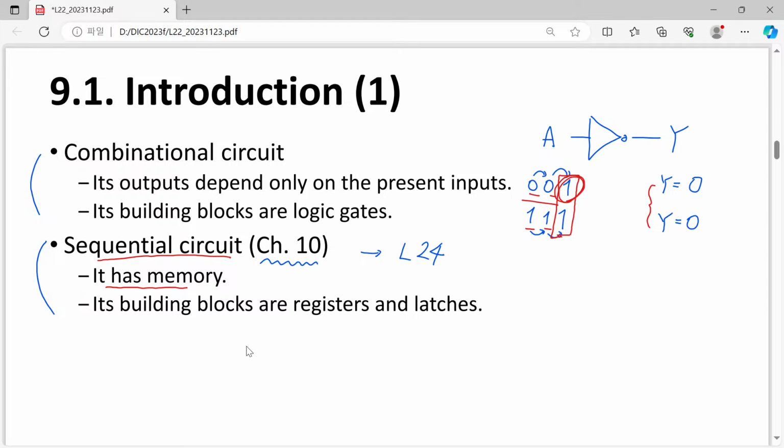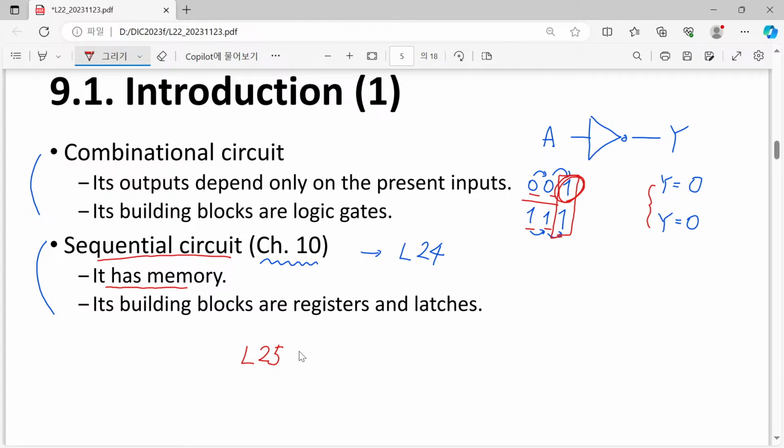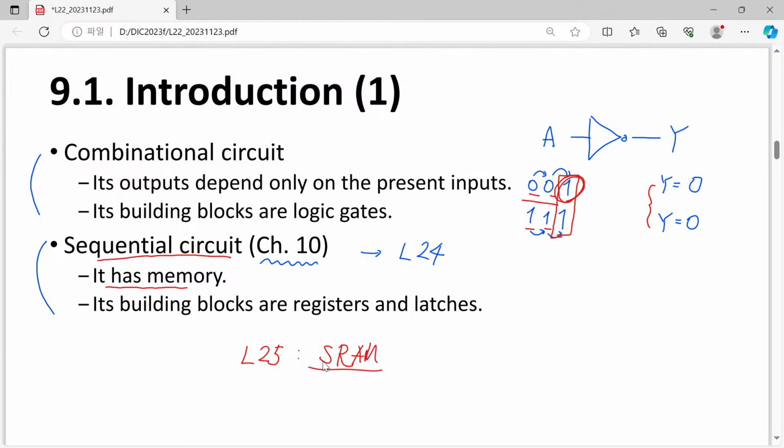After that, our final lecture, lecture 25, will be devoted to some discussion on SRAM. SRAM is quite an important memory device in our logic system, so we will talk about how we can really implement SRAM with CMOS technology.